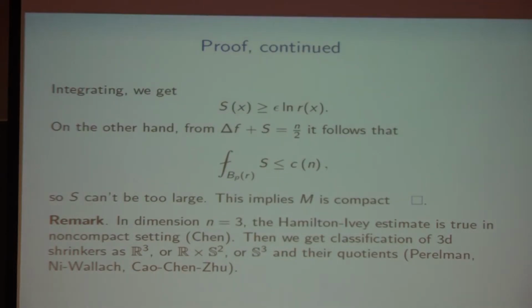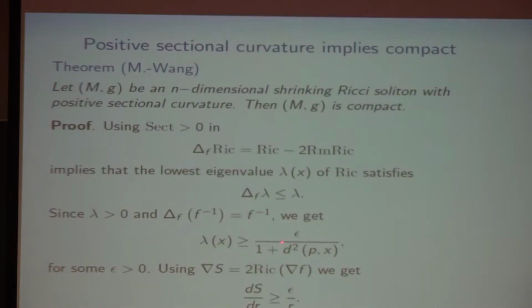Which is strange. You need to assume injectivity radius to get the diameter. Here we can't get any better than that, because this epsilon, unfortunately, depends on the Ricci lower bound on a fixed compact set. It's a maximum principle proof. So basically, our diameter upper bound depends on what happens in a fixed compact set.